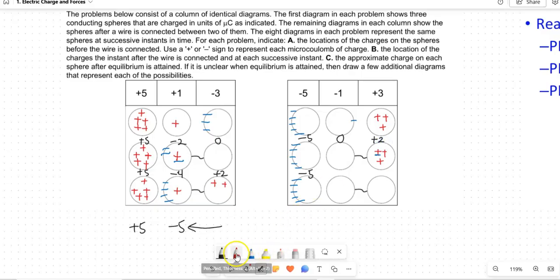So now that's where we're at. 2, 3, and right here. So right now, this last one is 0 and +2. Now we pushed over 1 electron. There are 4 more electrons that need to get pushed over to this object.